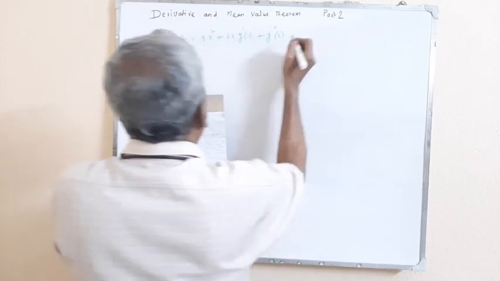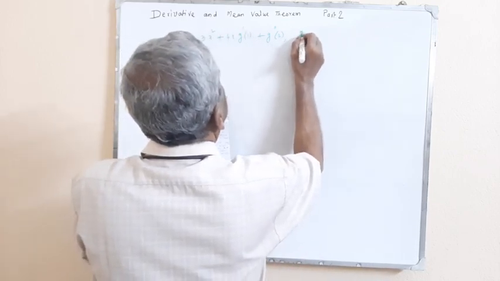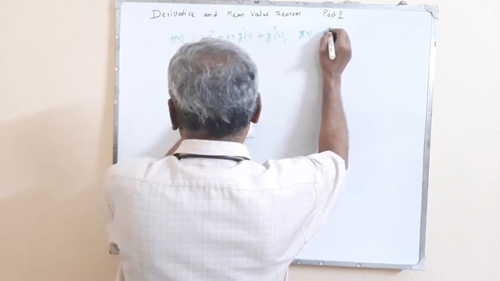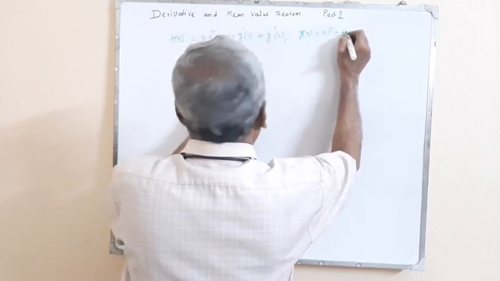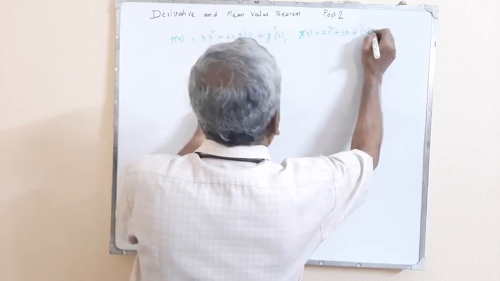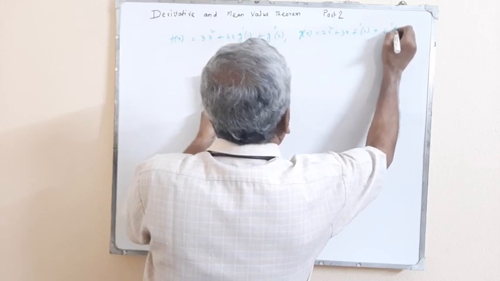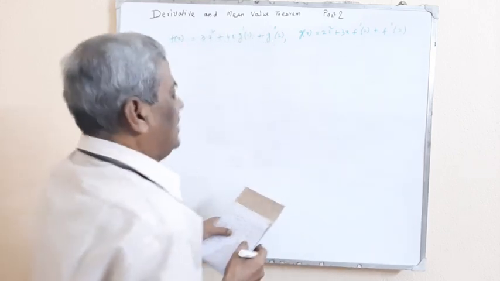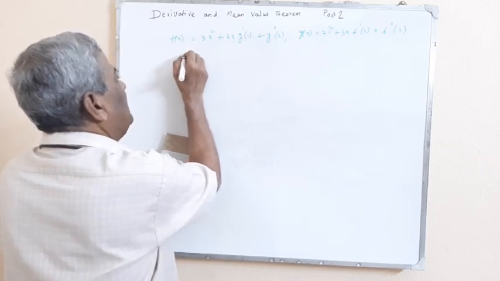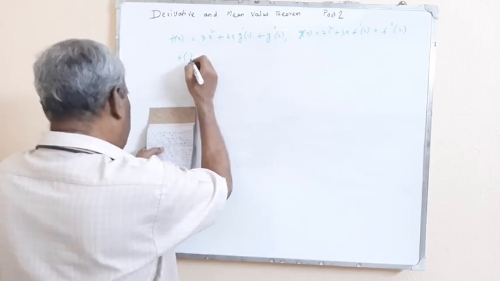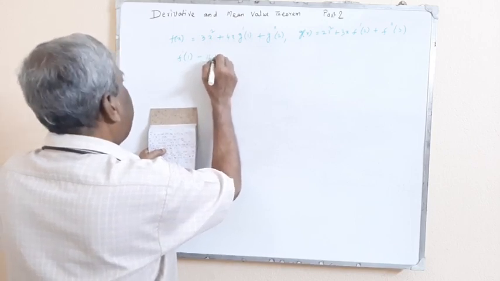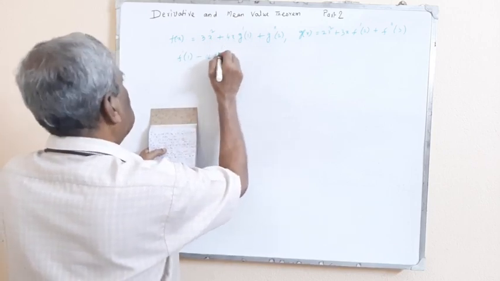And g(x) is equal to 2x square plus 3x into f dash 2 plus f double dash 3. Then find the value of f dash 1 minus 12 f dash 2.